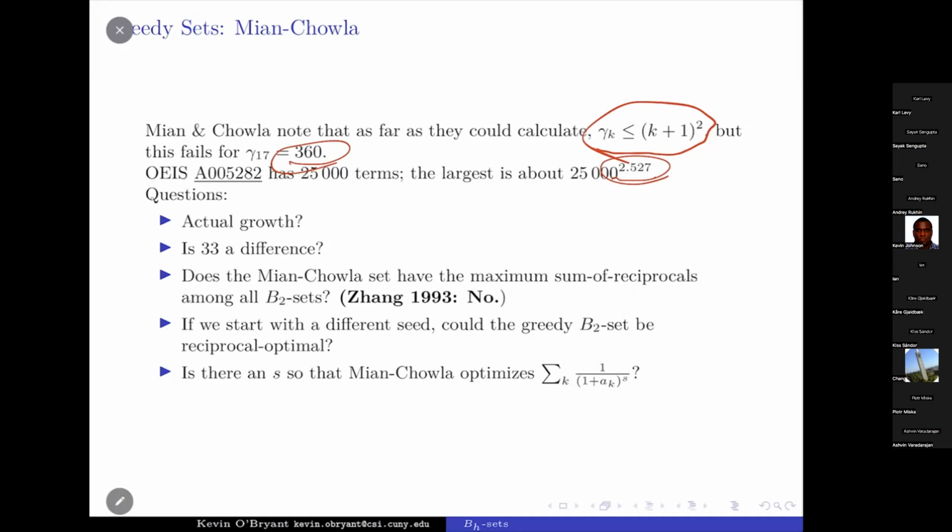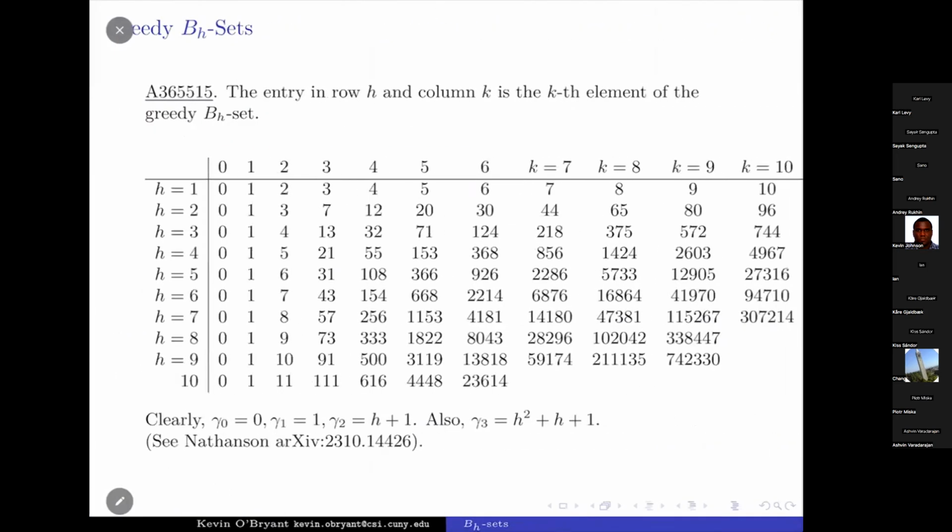Okay, so if we're looking at this, the first row is the natural numbers. This is a table that's now in the Encyclopedia of Integer Sequences after some work that Mel and I did in the fall. The first row is the greedy B1 set, the natural numbers.